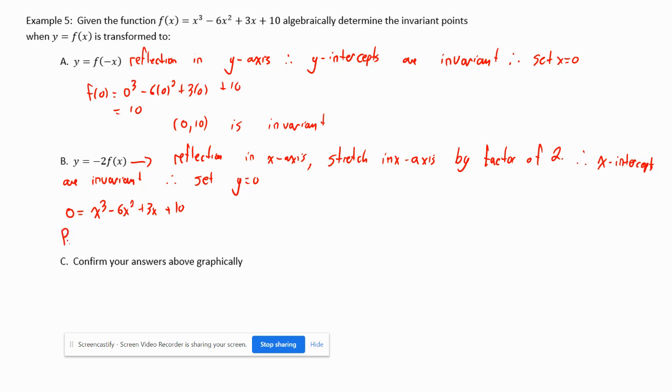Our potential integral zeros are going to be the factors of 10, which are plus or minus 1, plus or minus 2, plus or minus 5, plus or minus 10. I have a feeling negative 1 is going to work out here. Negative 1 cubed minus 6 times negative 1 squared.